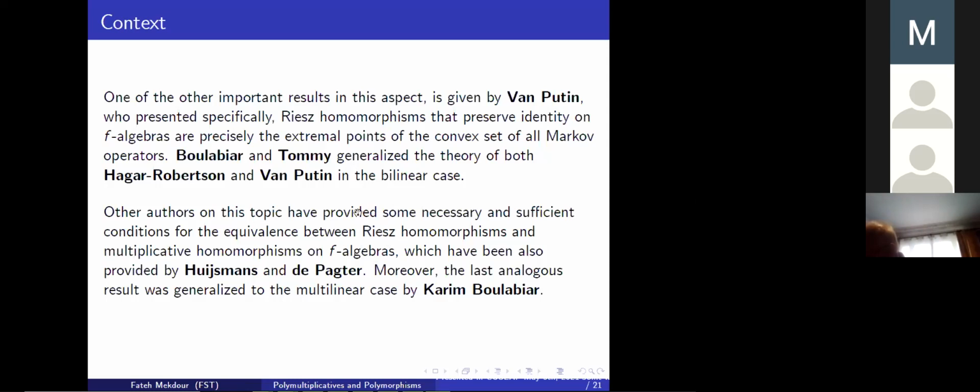But how can you make a product on a topological vector space? This is what I was asking.